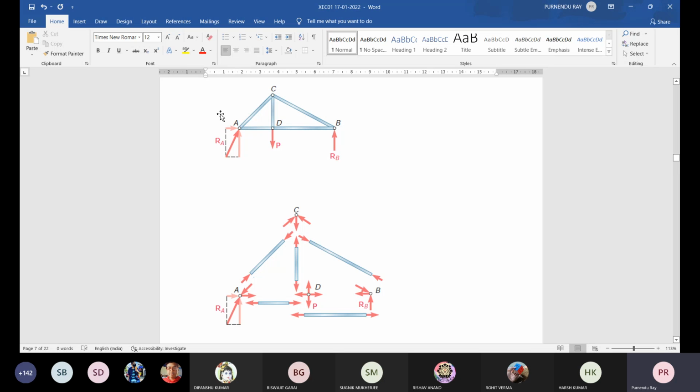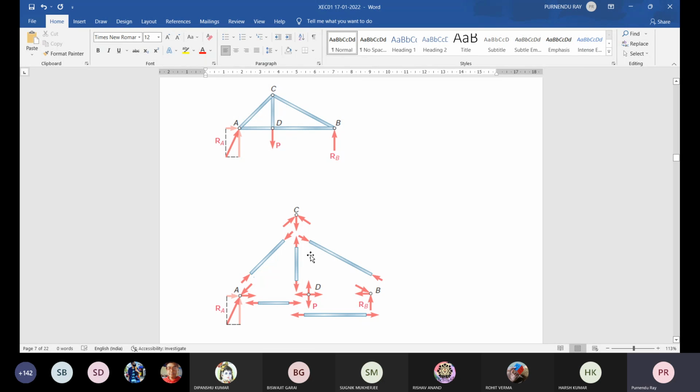When we consider the overall equilibrium, we have only one applied force and two reactions at A and at B. When we consider the members segregated and find their individual equilibrium, only from their free body diagram you can identify this. So when we consider only this member BC, it is under equilibrium. So definitely this is the transmission of the force from one location to the other, and it is acting through the member.